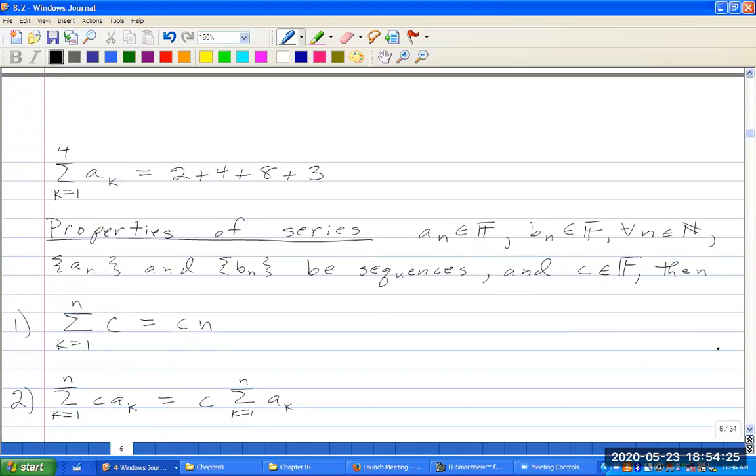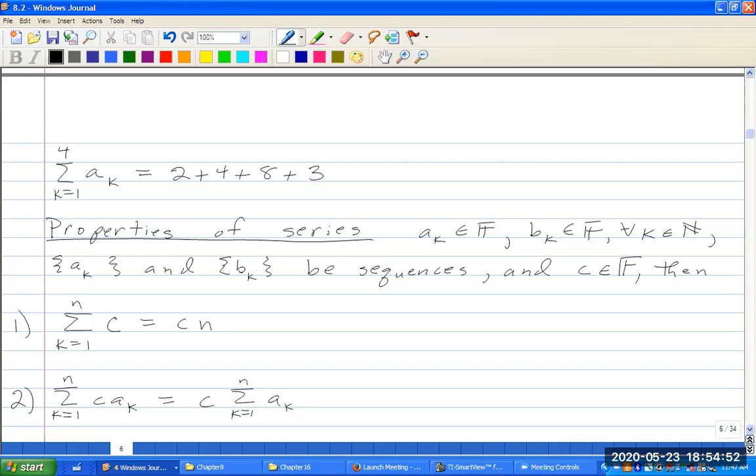Then we have the following. Oh, that was kind of a horrible notation if I'm going to be using n's. So let's use k's. I use n as the upper limit, so let's use k as my dummy index.